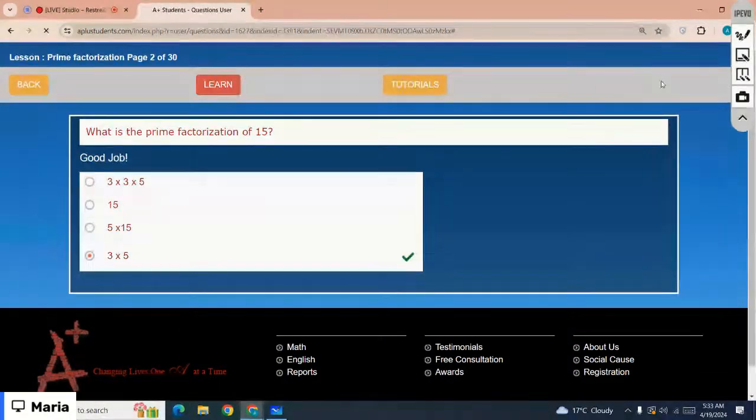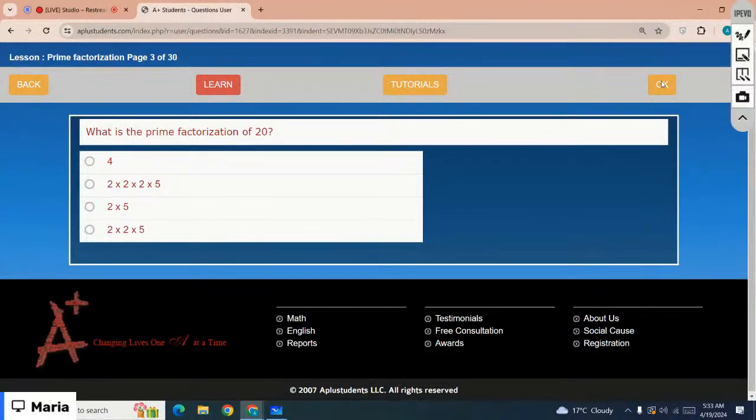Okay, the next one is, what is the prime factor of 20, which is the correct option? Very good.